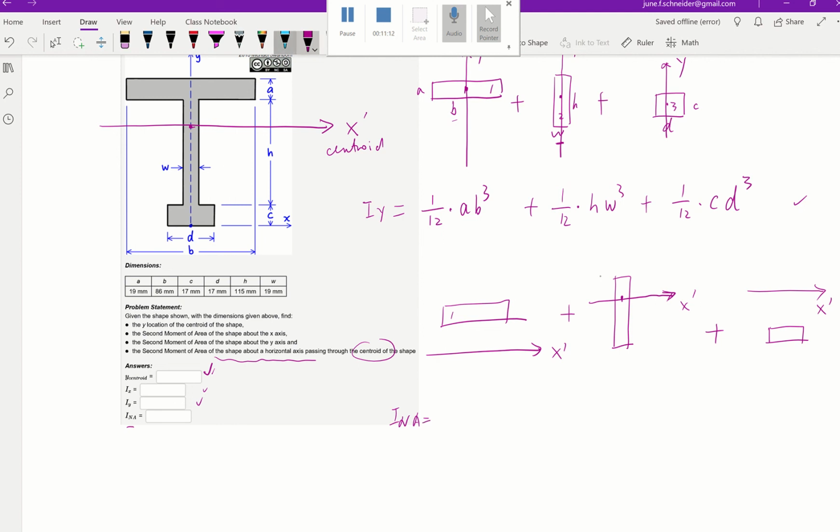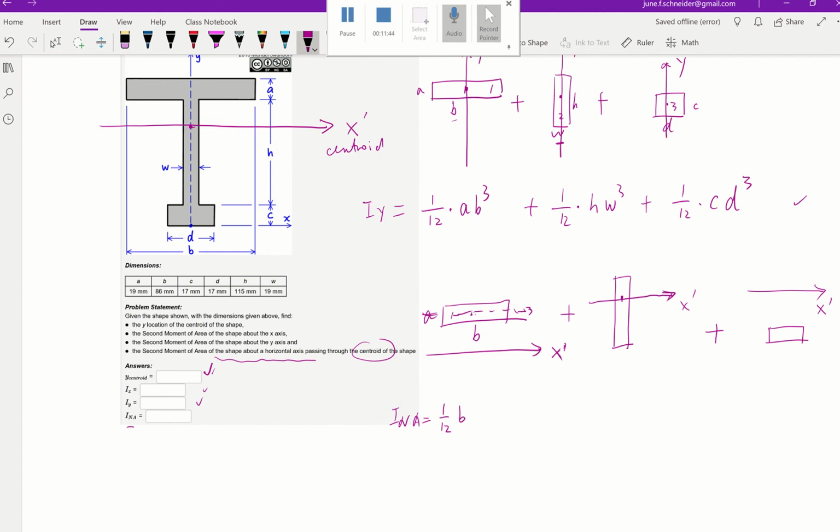So in order to do that, again, we're going to use the parallel axis theorem for every single one of them. You're going to find each individual centroid, right? And then this x prime is basically the new axis. So for this it will be 1/12, and the dimensions here are b and a.